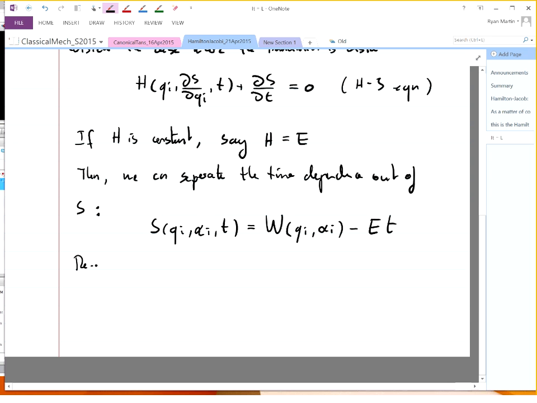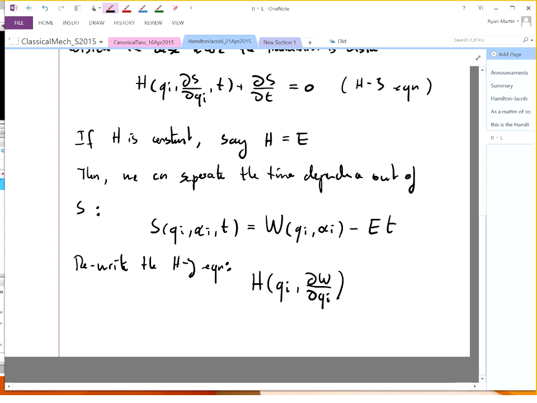In that case, I can rewrite the Hamilton-Jacobi equation as follows. The Hamiltonian in the Hamilton-Jacobi equation depends on q_i, and then it depends on ∂S/∂q_i. But if I say that S can be written in terms of these two different functions, the ∂S/∂q_i part is only in the W. So then I have ∂W/∂q_i.